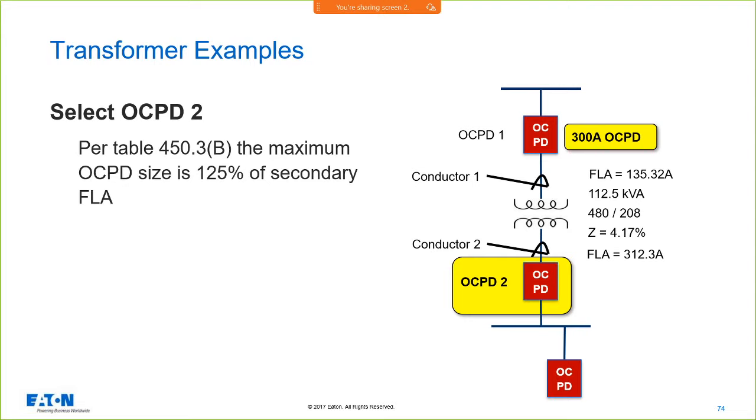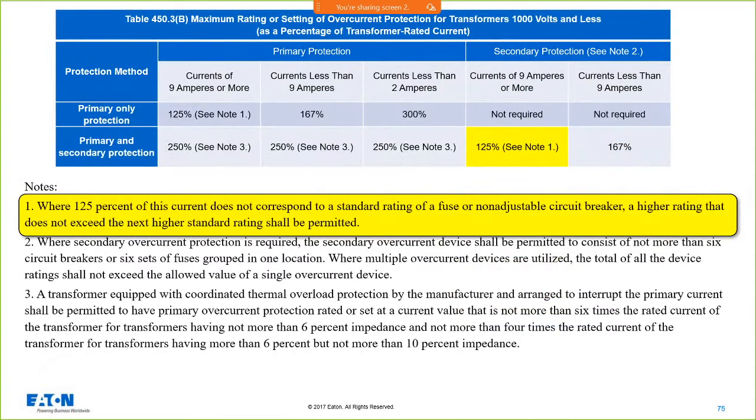Outside of that, overload protection could also come in the form of not overloading the transformer from a load perspective, just in how you size the transformer. But in any case, I'm going to have a secondary breaker, and let's talk about sizing the secondary overcurrent protective device. So I have primary and secondary protection.